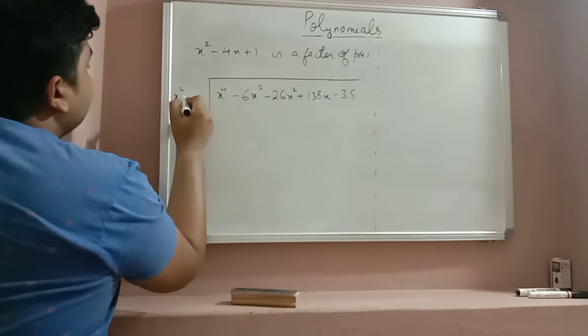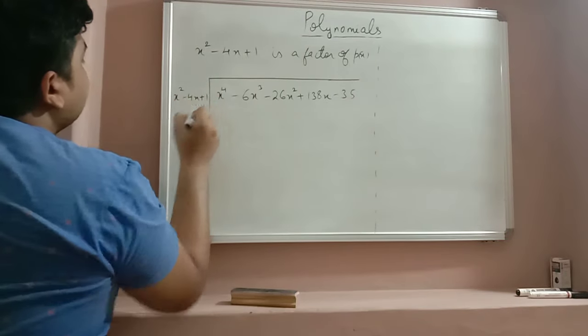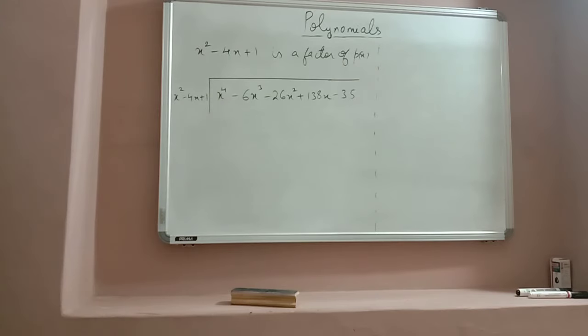And here I'll write x square minus 4x plus 1. Okay, so let's do this long division.